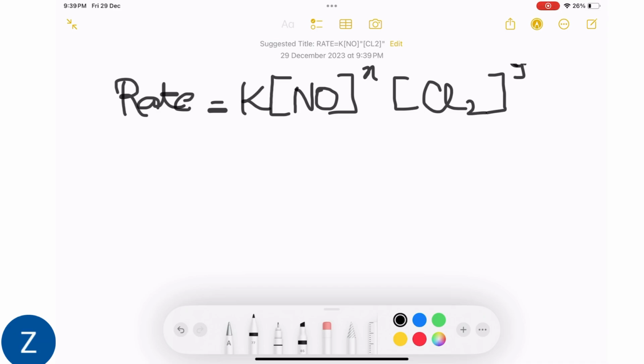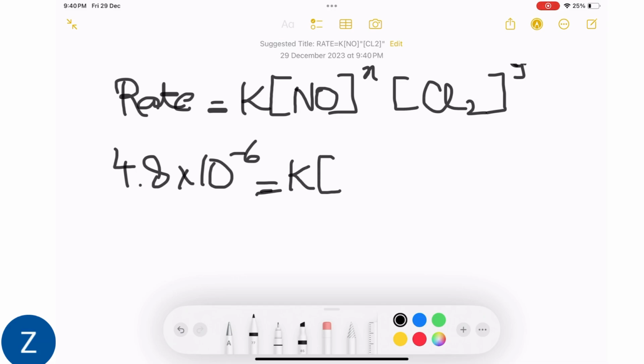For the values, I'm going to first figure it out for NO. So I'm using trial 1 and 2, and I'm writing the rate from the rate column, and letting the K stay as it is because I haven't figured that out yet. For NO, I'm going to write the concentration, which is 0.400, with my exponent just the way it is. And then for Cl, which is 0.200, and then the y.